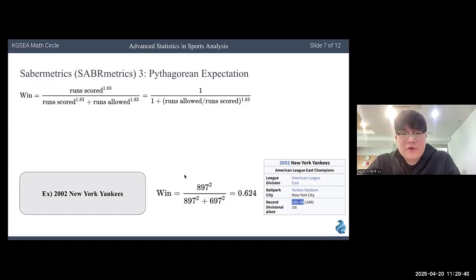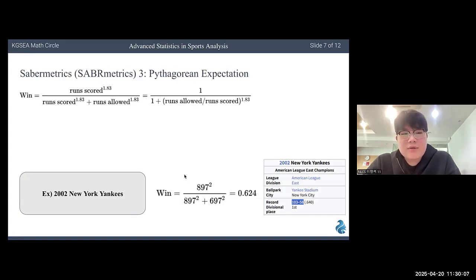Empirically, this formula correlates fairly well with how baseball teams actually perform. However, statisticians, since the invention of this formula, found it to have a fairly routine error, generally about 2 or 3 games off. So, for example, I put the 2002 New York Yankees season, in which they scored 897 runs and allowed 697 runs.